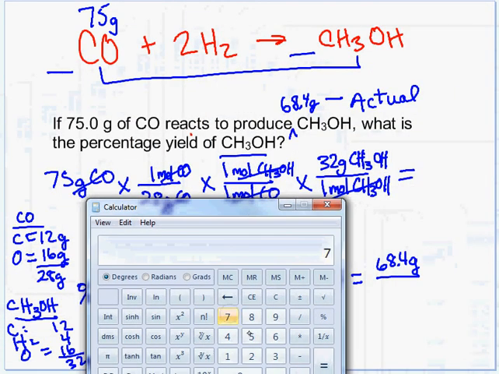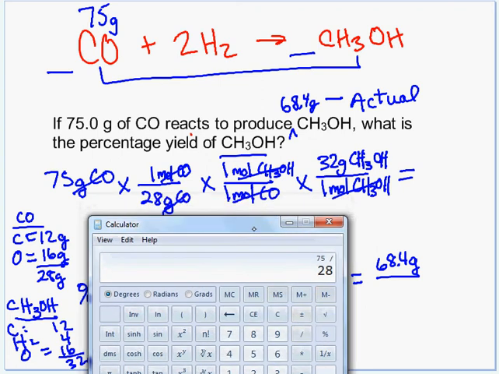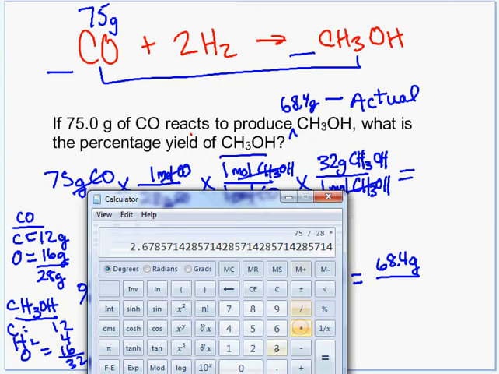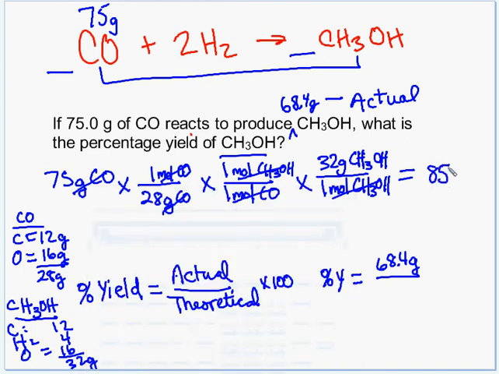Okay, so I have 75 divided by 28 times 32. 85.7 grams of CH3OH. That's theoretically how much it's possible from 75 grams of this reactant CO to make 85.7 grams of CH3OH.